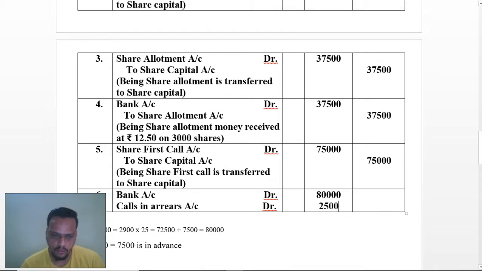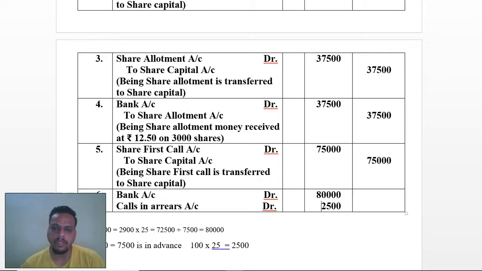I'll show you here in itself. 100 shares multiplied by 25 is equal to 2500. The amount which I have to write has been mentioned on the whiteboard.